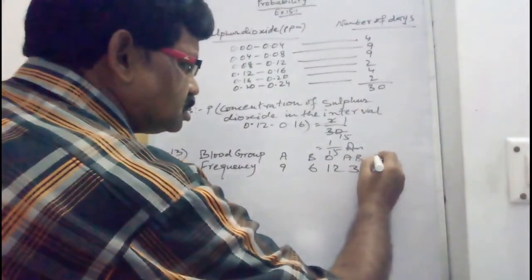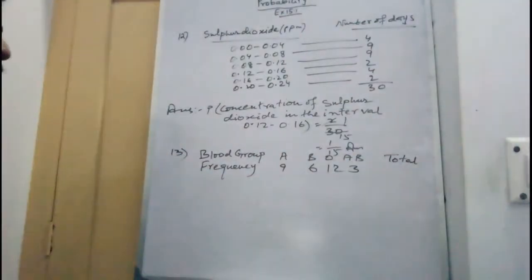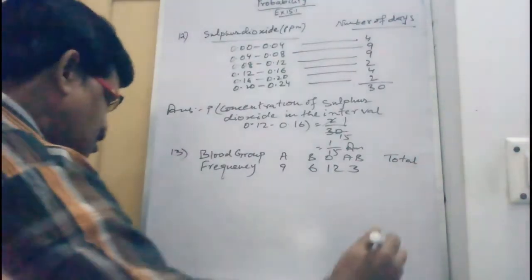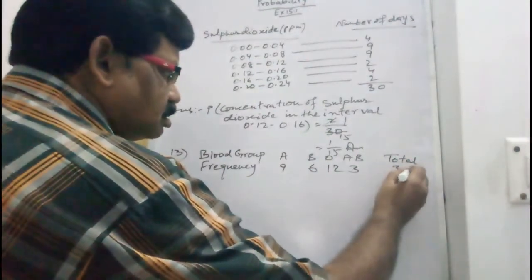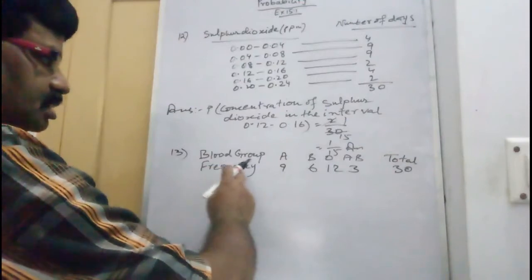Then next, total. Add these all frequencies. 30. These are the blood groups and the frequency of it.